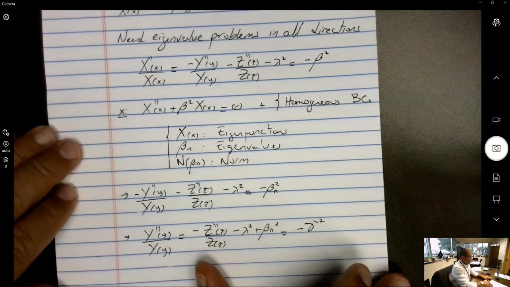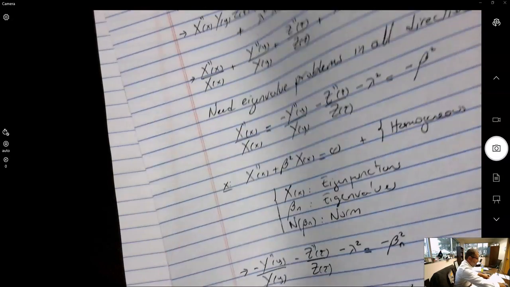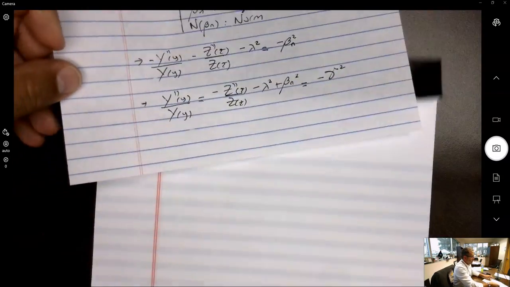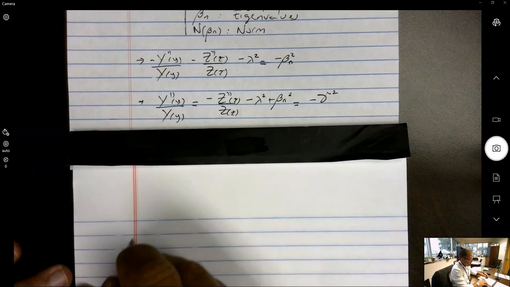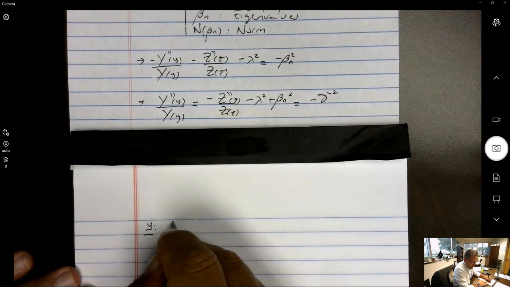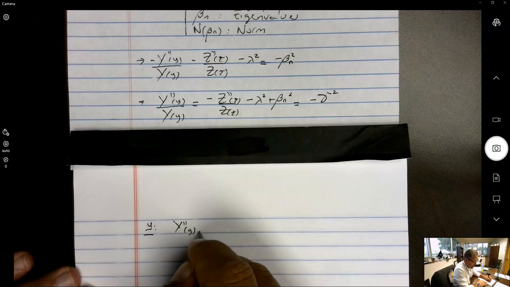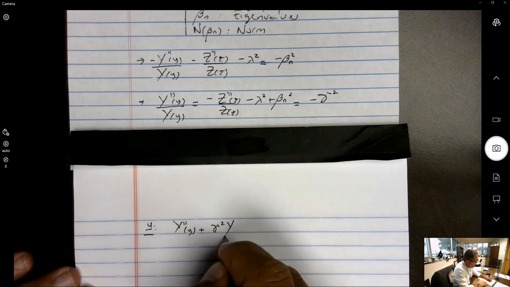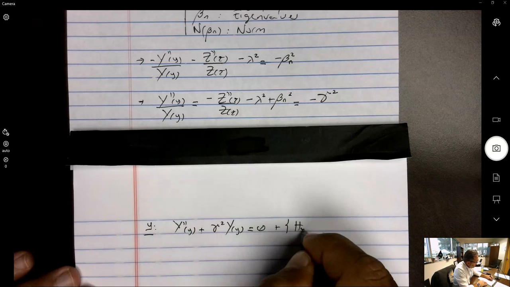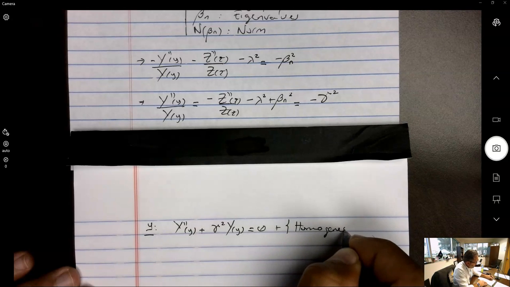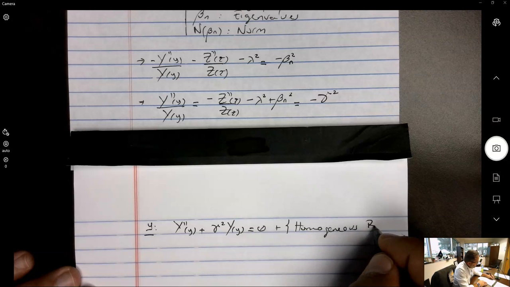So let's continue. I'm going really fast because we've done this several times, so all I'm doing is just reviewing the process. In the y direction, we have Y double prime of y plus gamma squared Y of y equal to 0, plus a set of homogeneous boundary conditions.